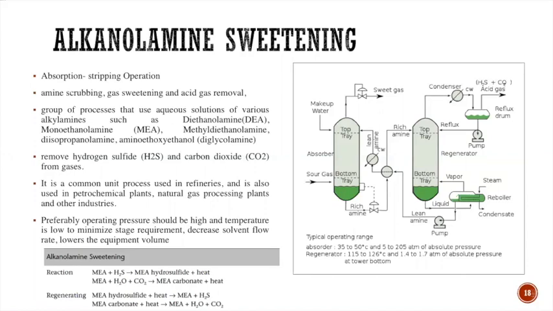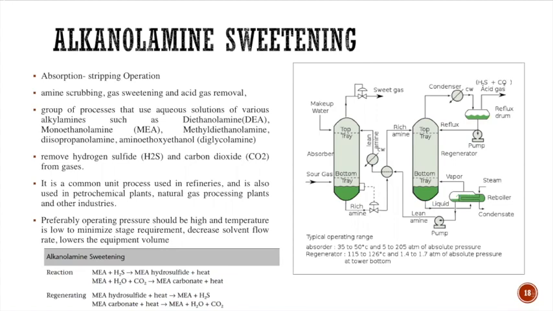So this is not a selective process for removing only H2S. Both H2S and CO2 can be removed in the same process, and it is a common unit process used in refineries, and is also used in petrochemical plants, where H2S and CO2 both are removed, right?